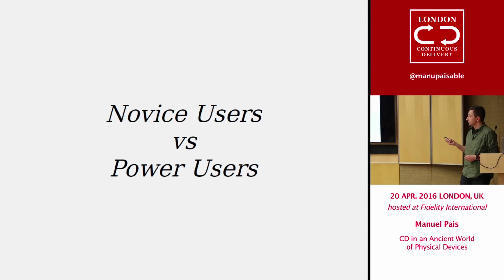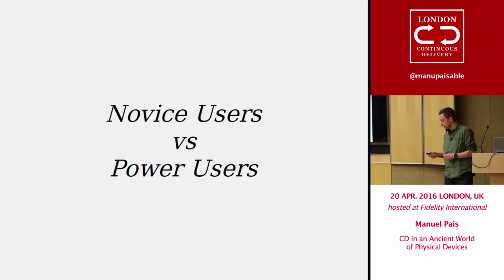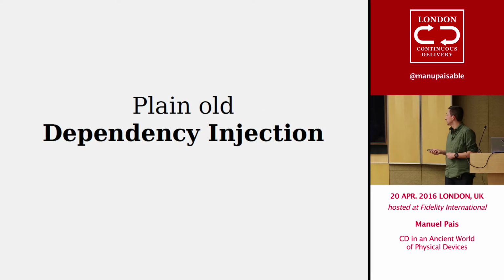Or we could have also novice users that are always using the graphical interface, and power users who know shortcuts, the keystrokes to get their work done faster. So those required different automation at the lower level, but we wanted to reuse code at the top level.